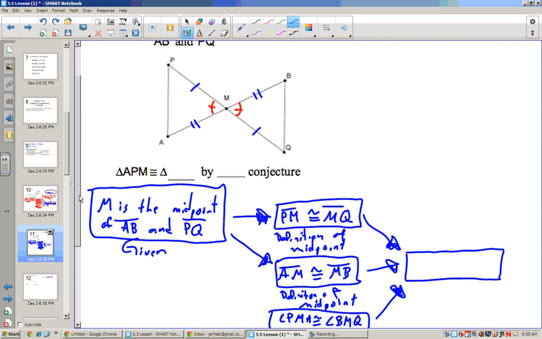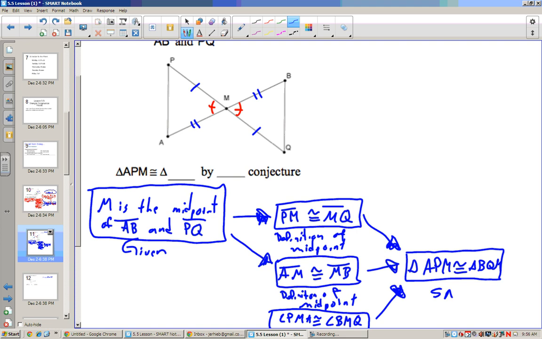So the triangles are triangle APM is congruent to. Now this gets a little tricky. A is between the 2 dash and no dash, so that's going to match up with B. Remember, you have to line them up in perfect order. P is between no dash and 1 dash, which would be the Q. Then M will match up with M. Now the reason why these are congruent is because of side angle side.